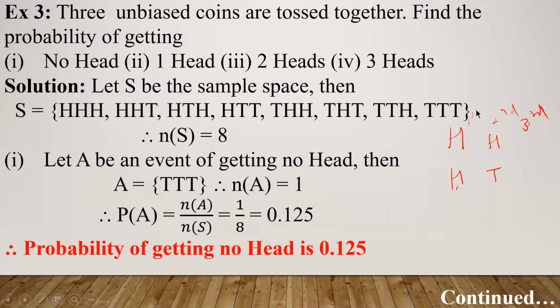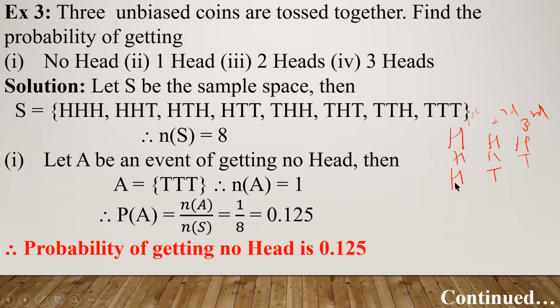Okay. So suppose I fixed that the first coin shows me head. So what are the possibilities for the second coin? It can either show head or tail. These are the only possible. So if first is in head and second also in head, what are the chances for the third coin? It may go either in head or in tail. So either I may have HHH or I may have HHT.